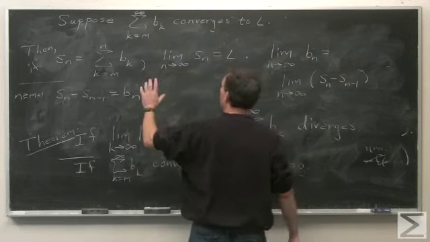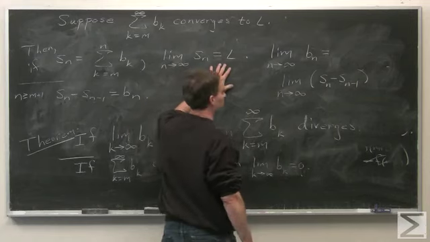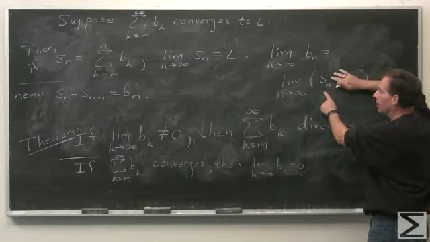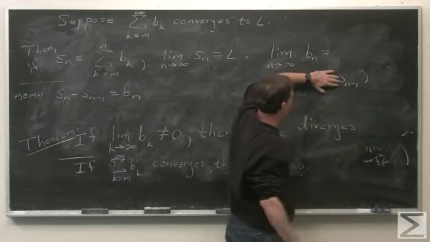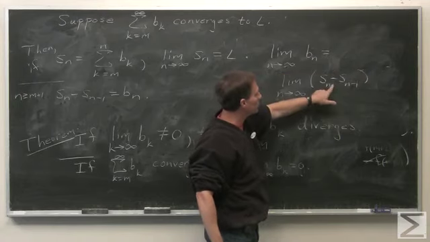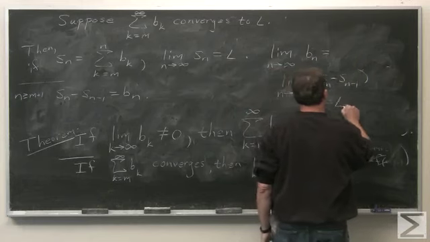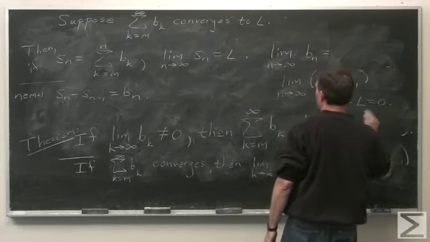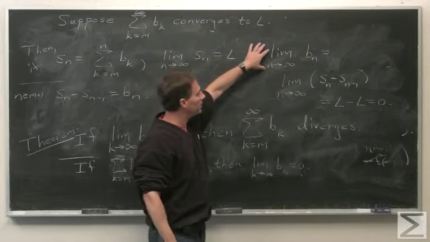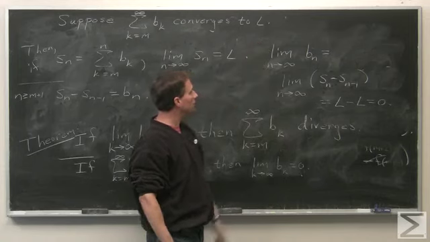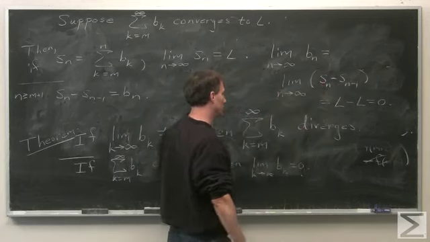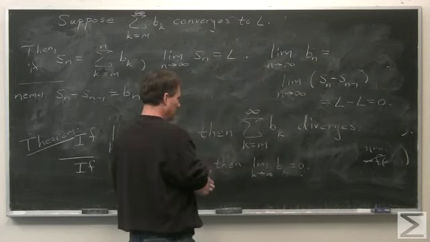Because we're assuming the limit of the Sn's exists and is L, as n goes to infinity, this limit exists and is L. This limit, as n goes to infinity and n minus 1 goes to infinity, also exists and equals L, and they're subtracted, and what you end up with is L minus L, which is 0. So the limit of the bn's has to exist and be 0, because you can write bn as the difference of the nth and the nth minus first partial sums.